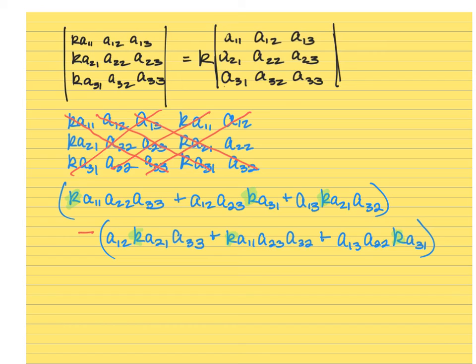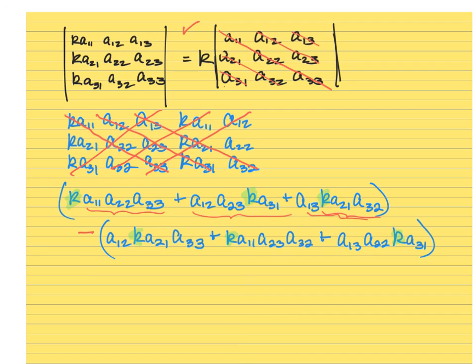So we just did one side of this, but if you were to find the determinant of the other matrix, you would multiply down that, and there's your A11, A22, A33. You'd multiply down that, there's your A12, A23, and A31. And then you'd multiply down that, and there's that. Right? So all we're doing is verifying that these two things are truly equal by finding their determinants.